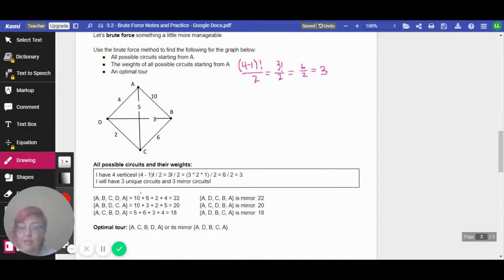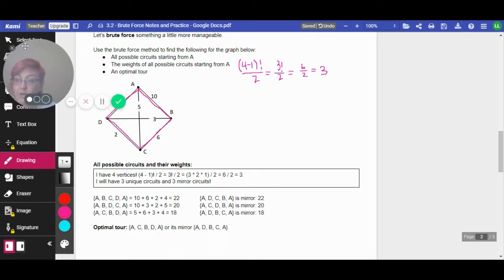Now, down here, it goes through all of those for you. We can go from A to B to C to D to A for 10 plus 6 plus 2 plus 4, which is 22. The mirror circuit going backwards is the same.